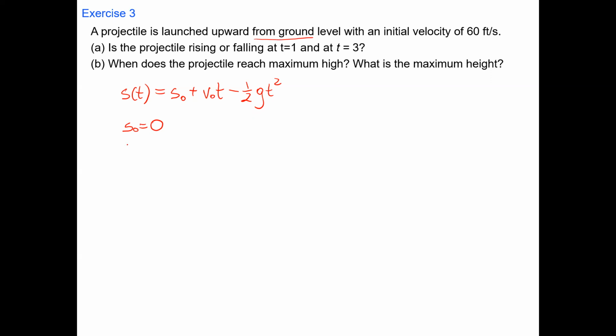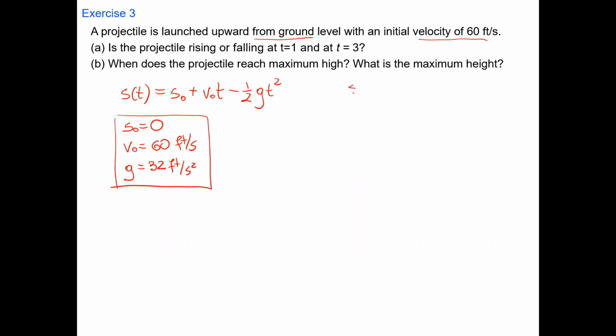Initial velocity is provided, 60 feet per second. Of course, g, the acceleration due to gravity, since we're using feet, we will say is 32 feet per second squared. Okay, that's what we did, figure out these numbers.